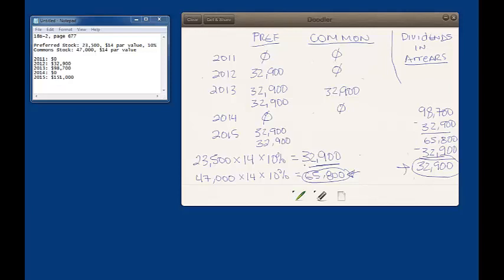Okay, so step two. We should be keeping track of how much we're giving away, huh? Can't give away more than actually was declared. So we started out with $151,000.